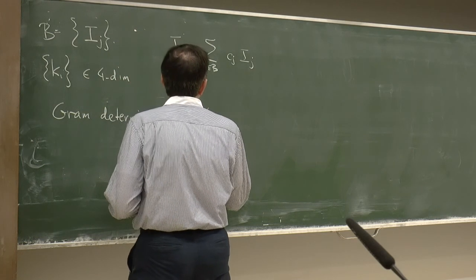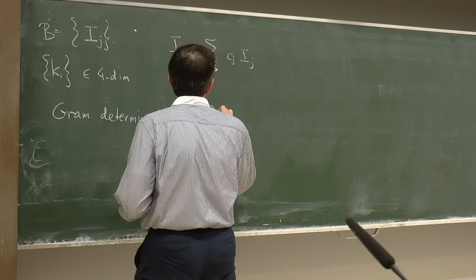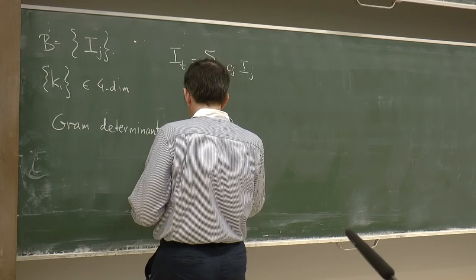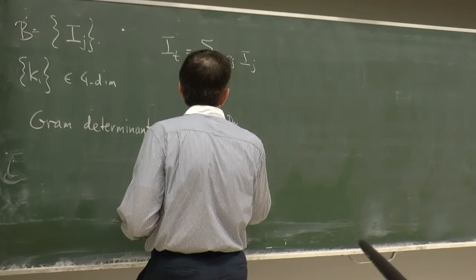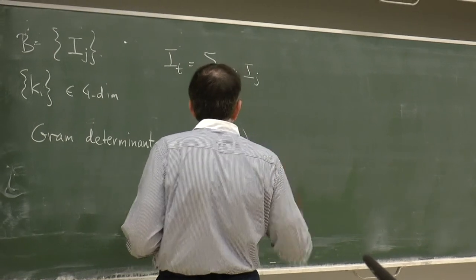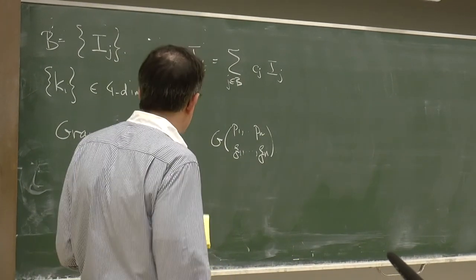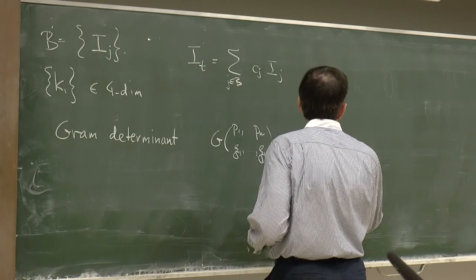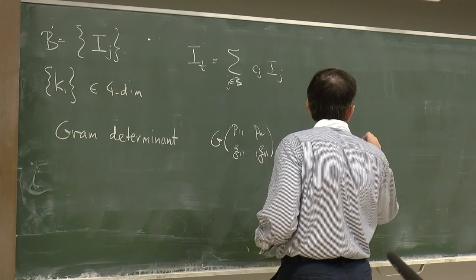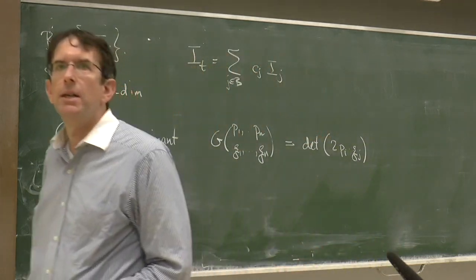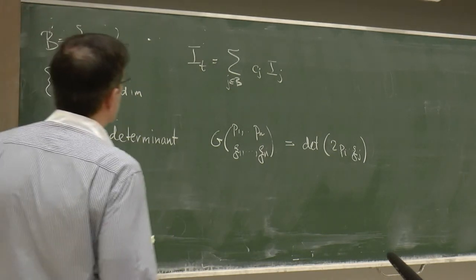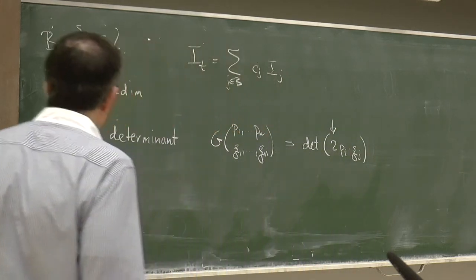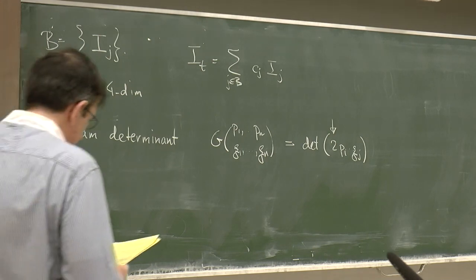For this thing, I'm going to use the symbol G. It depends on two sets of momenta, which I'll call P and Q in the definition, and they should have the same number of them. And this thing is just a determinant of 2 times the matrix built out of taking the dot products of the p's and the q's. And I should warn you again that this factor of 2 is not the conventional normalization in the literature, but it's the one that I like.